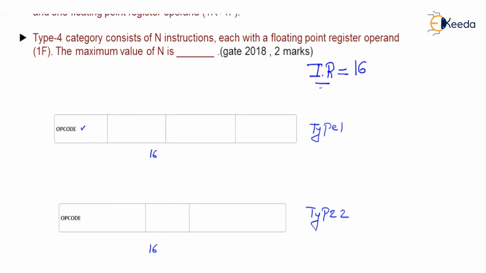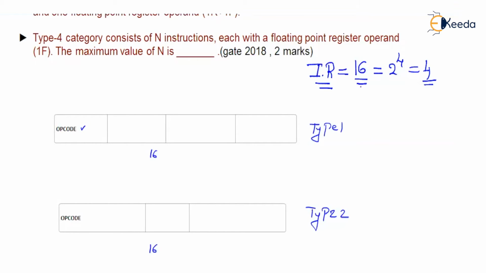So for one integer register field, I require 4 bits because 2 power 4 is equal to 16. These 4 bits are sufficient to represent one of the 16 integer registers in the system.